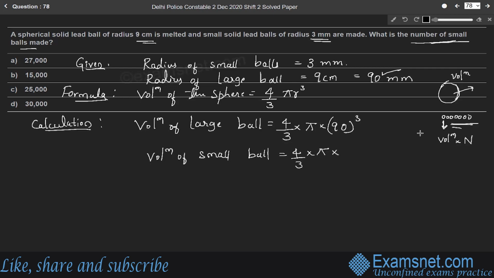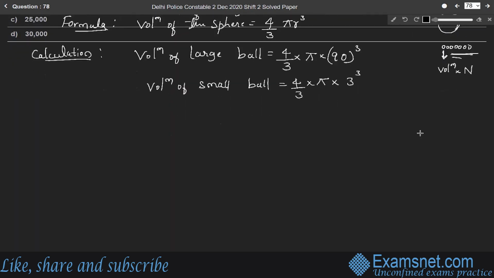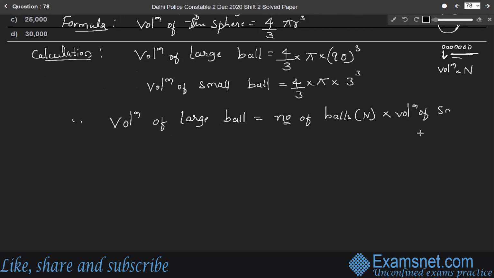Here the radius is 3 millimeter. Hence it is 3 cube. Therefore, volume of large ball is equal to number of balls, that is n, into volume of small ball.